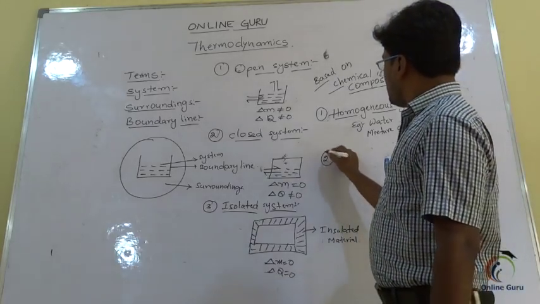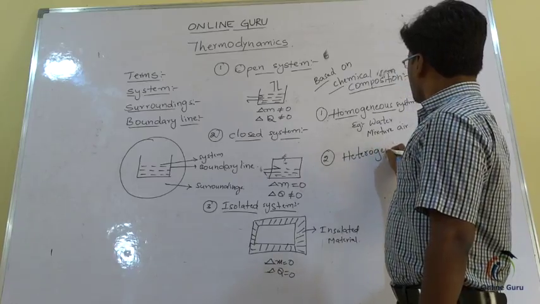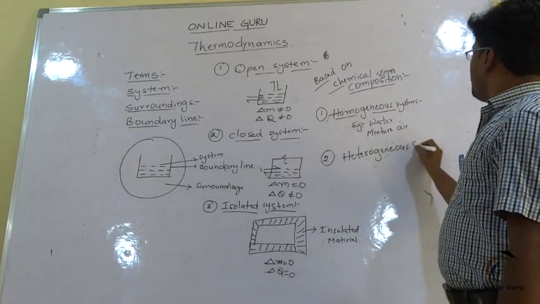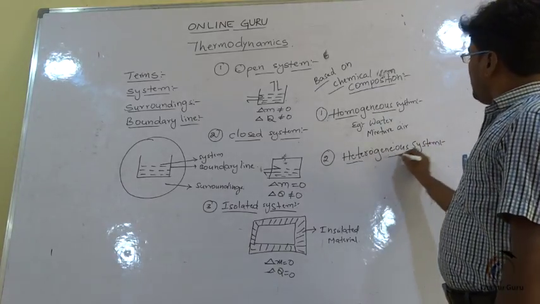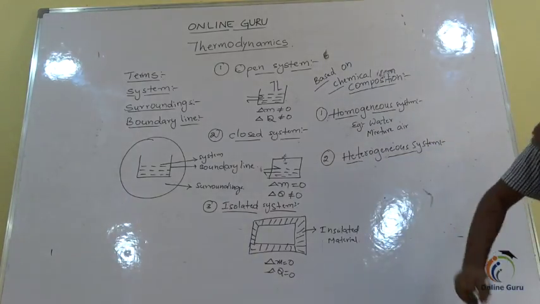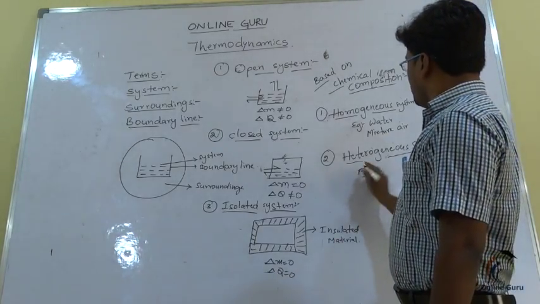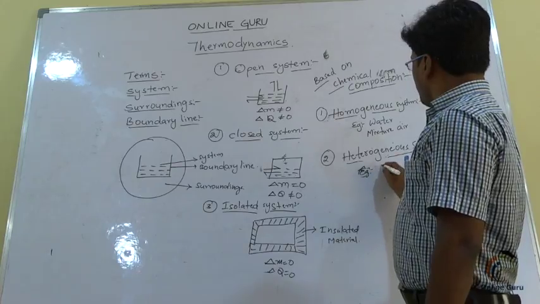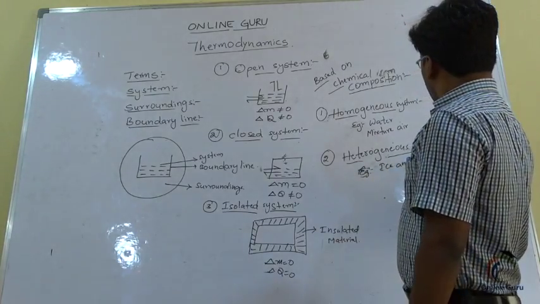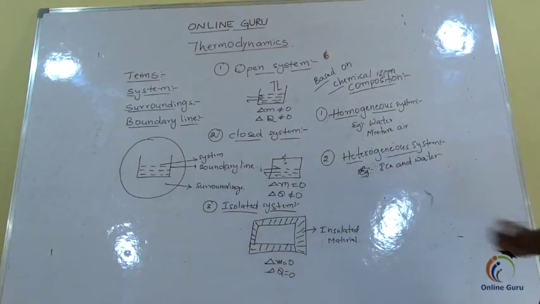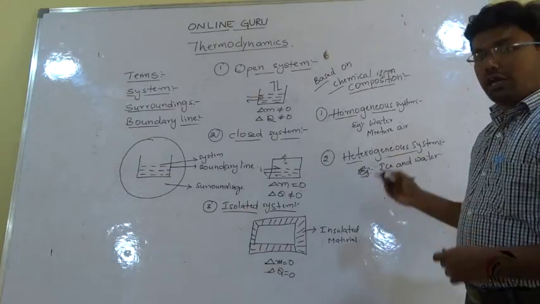The next one is the heterogeneous system. A system which contains more than one phase is called a heterogeneous system. For example, we can take a mixture of ice and water, where ice is in the solid phase and water is in the liquid phase, so it has more than one phase.